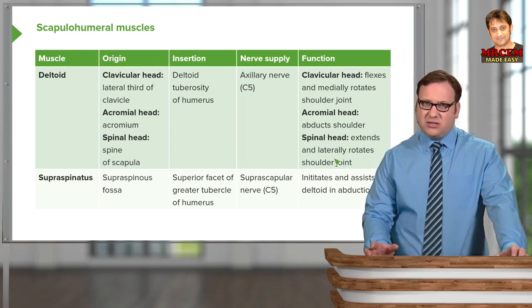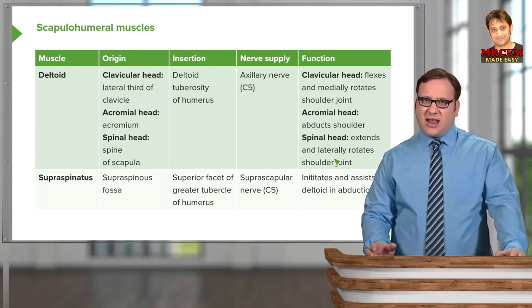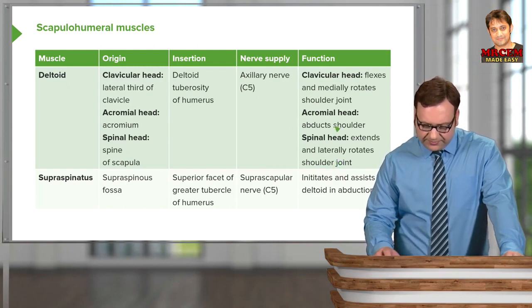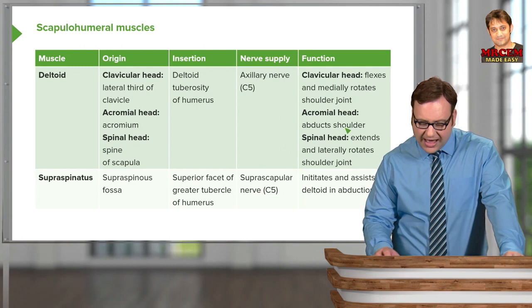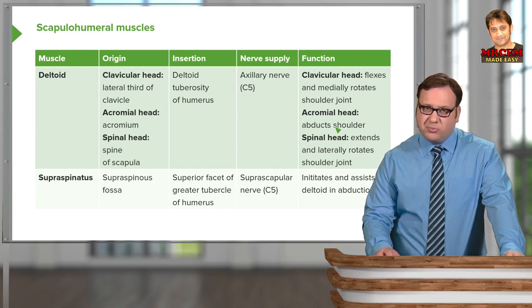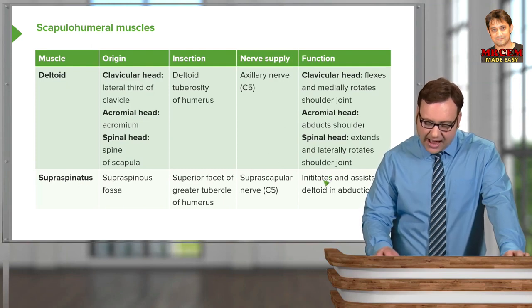Because of the wide attachment of the muscles, their widespread origin, they can have a number of functions. This one is important, the ability for the acromial head, this middle part of deltoid, to abduct the shoulder, because this works alongside supraspinatus. We can see here in the table, supraspinatus helps to initiate abduction.